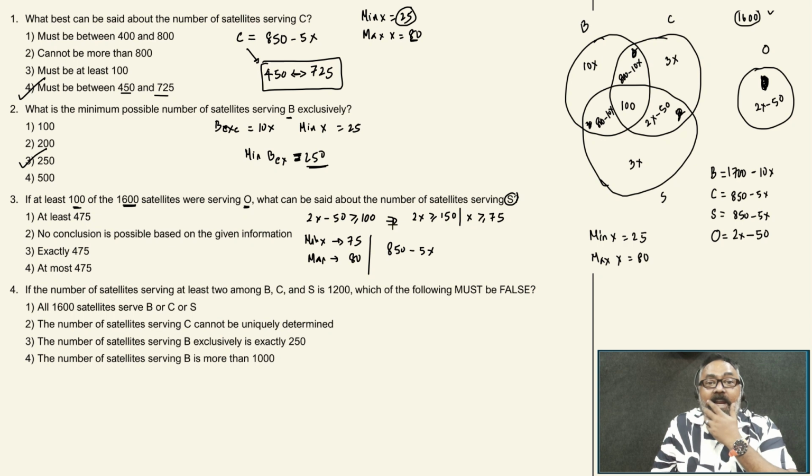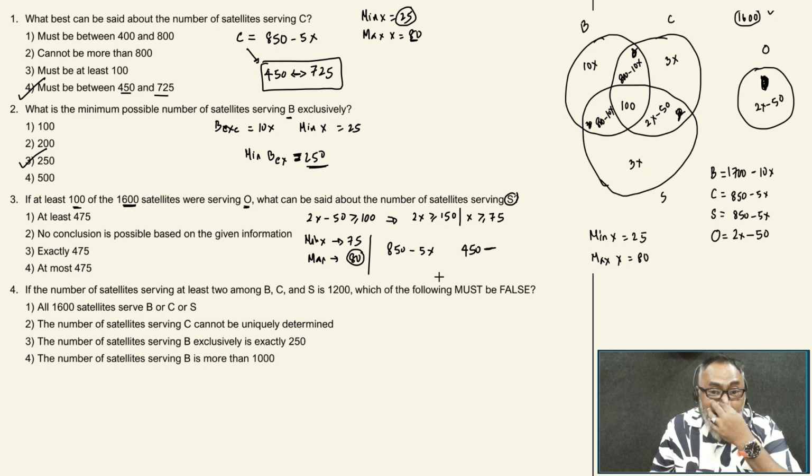Now if I plug in the value of x equal to 80, 80 times 5 is 400. That would be 450. One end of the range is 450.